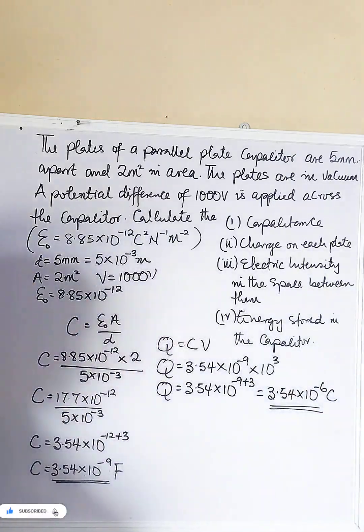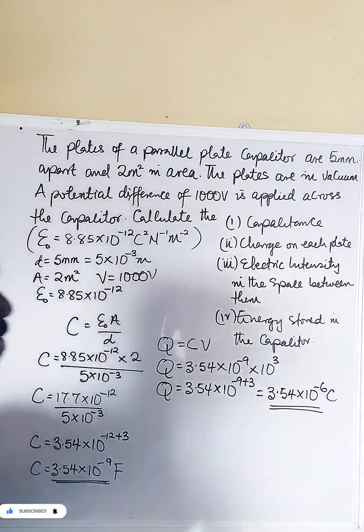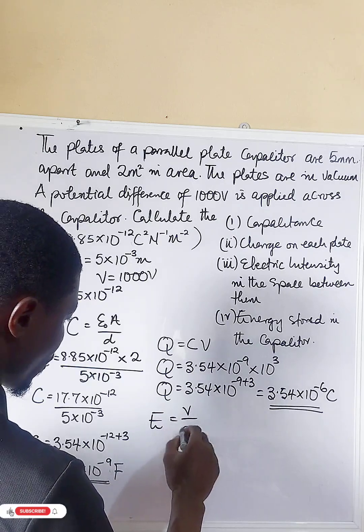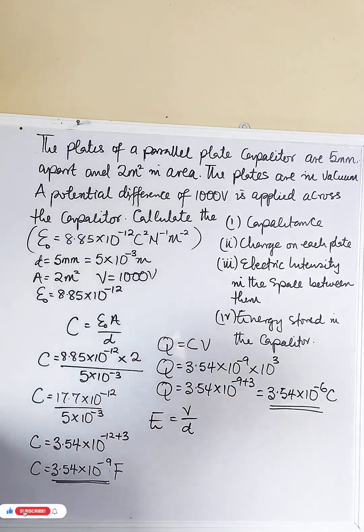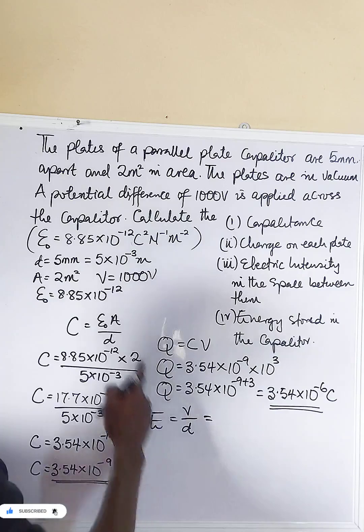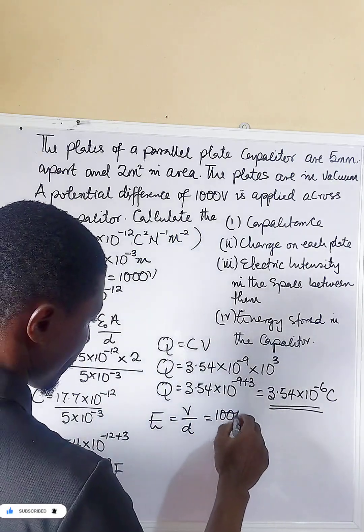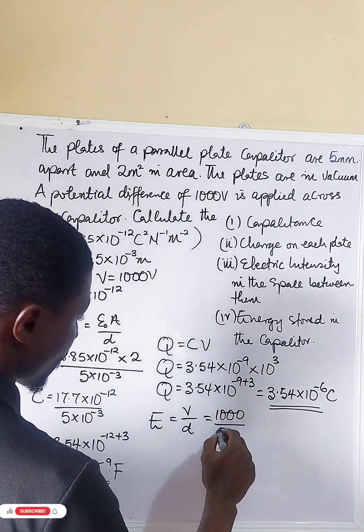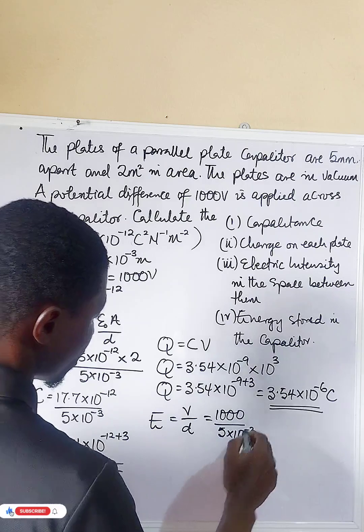That's for the charge. Now let's go for the electric intensity, and that should give us E equals V all over D. Very simple. Our voltage is 1000, all over D, which is 5 times 10 to the power minus 3.